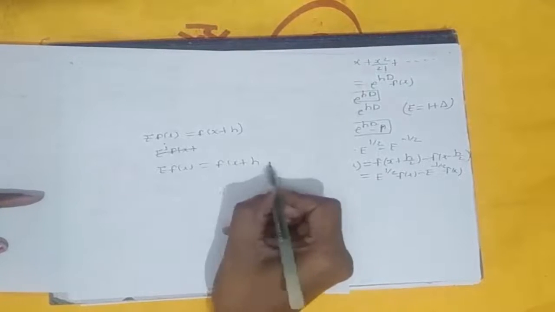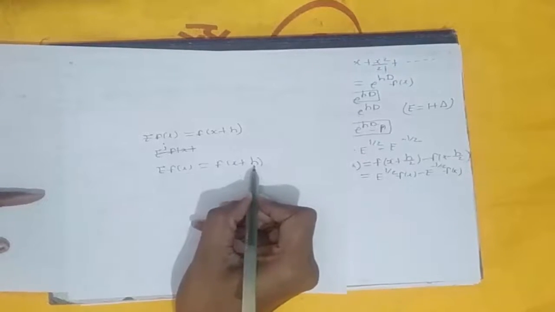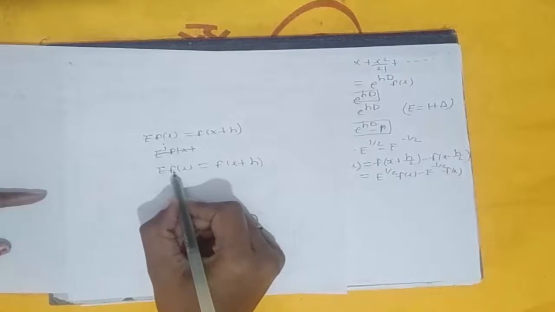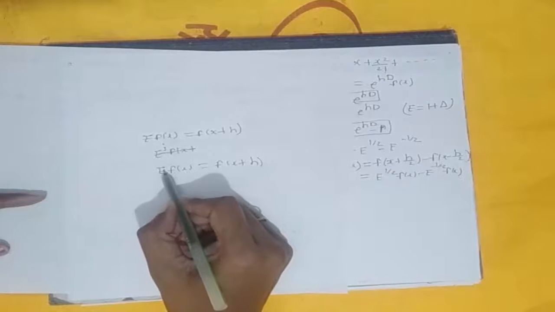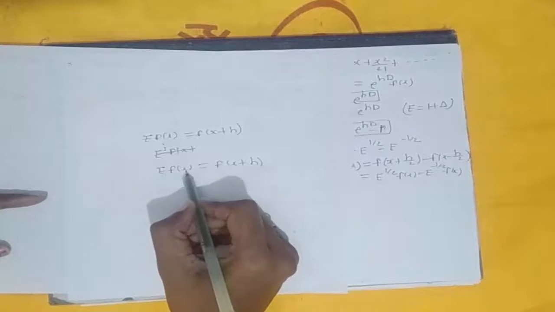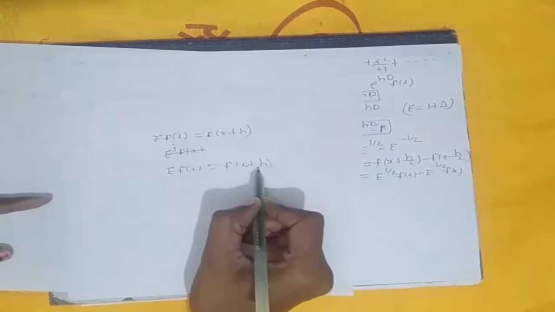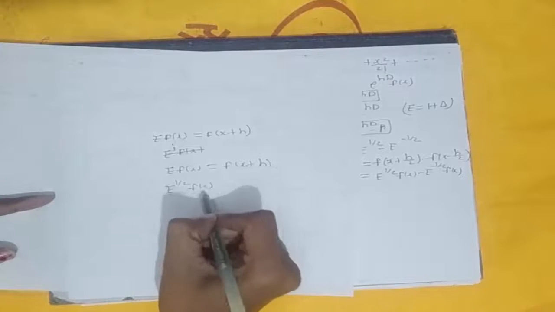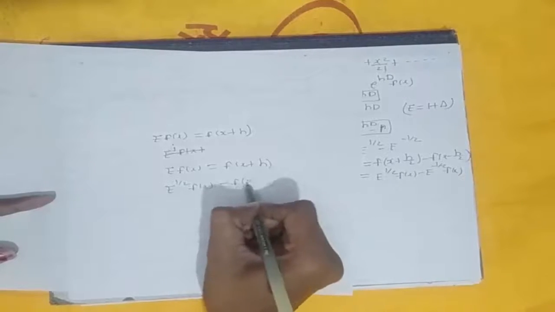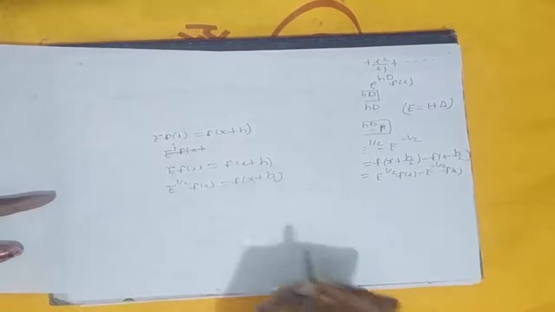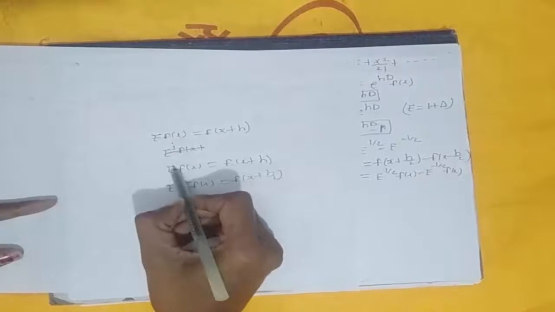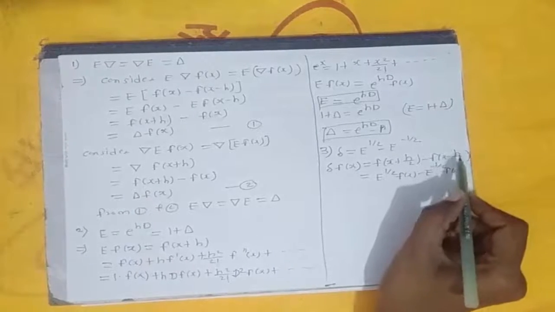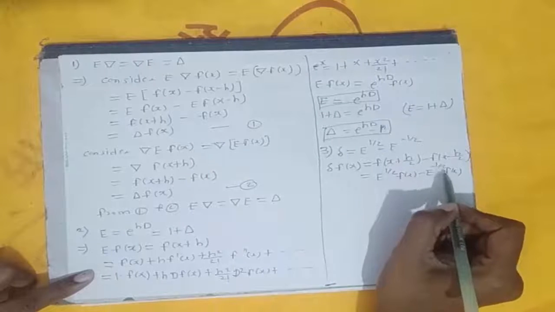So f of x plus h is equal to E f of x. Here we apply the E operator one time on f of x, then we get the value f of x plus h. So if we apply this shift operator half a time on f of x, then we get f of x plus h by 2. That is, we can take the power of e as the coefficient of this h. So here the coefficient of h will be minus 1 by 2, then we get e raised to minus 1 by 2 f of x.